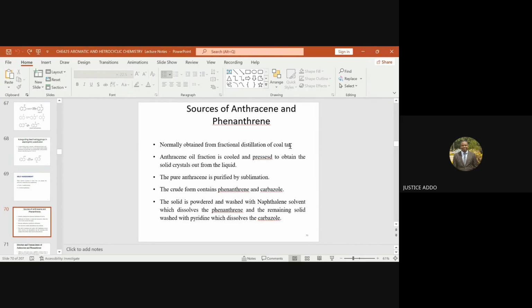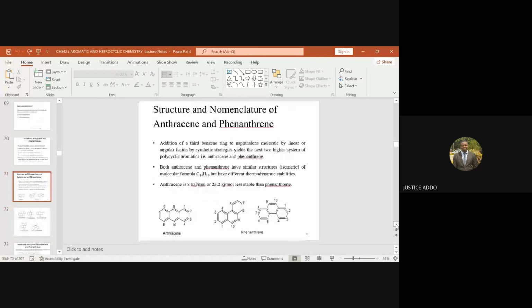And then you go ahead and wash again the anthracene with pyridine, which again will also dissolve any traces of what? Carbazole. So if you are asked in a purification of what? Anthracene, describe the purification of anthracene, everything is as captured here to get pure anthracene.